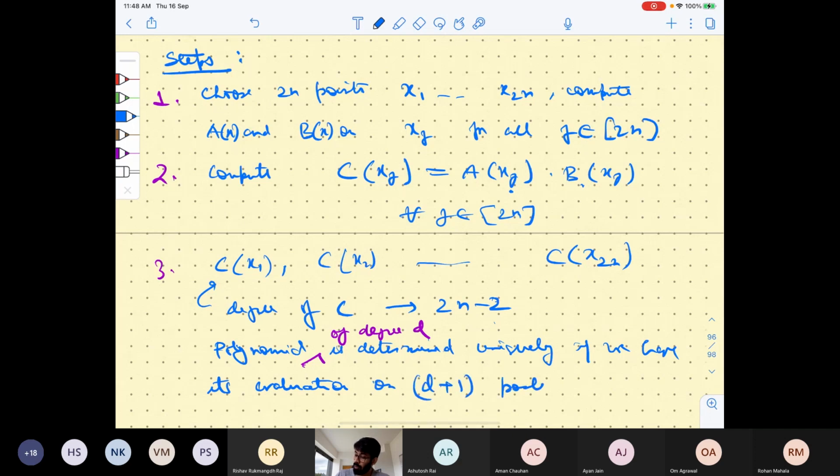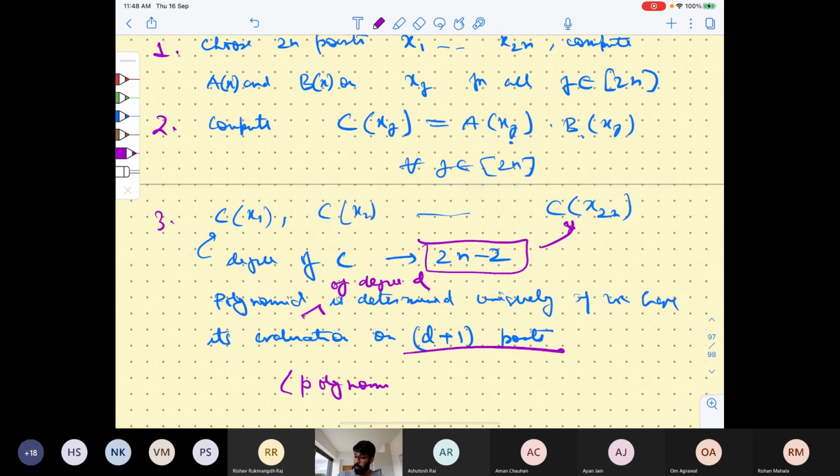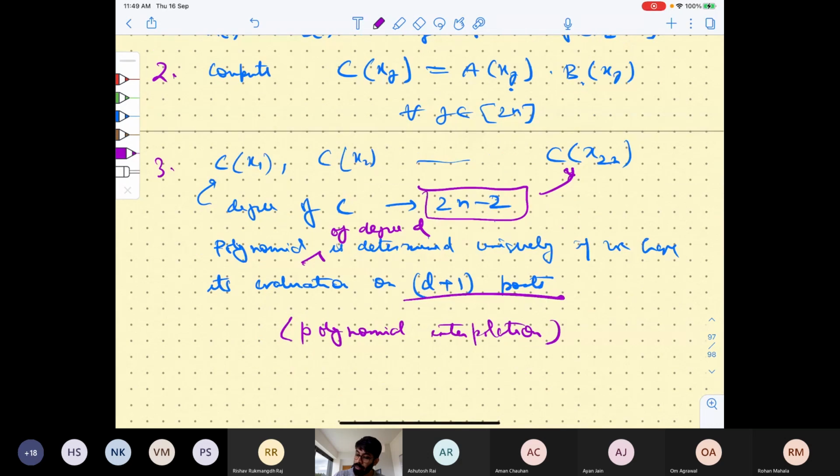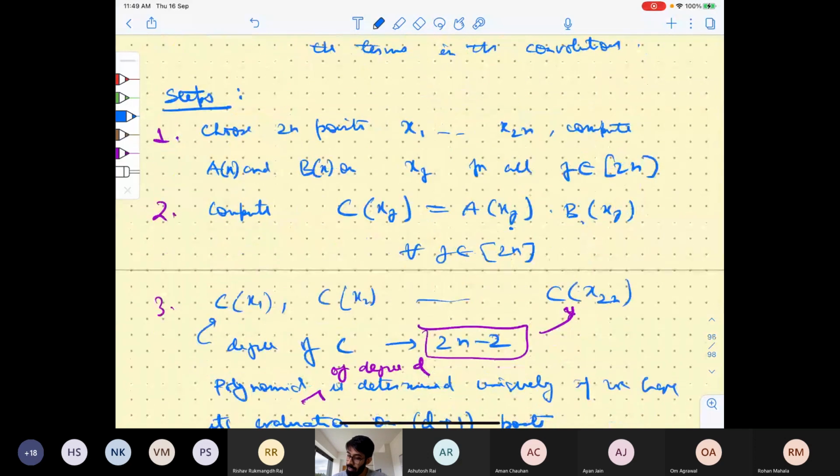This we know, right? So the degree of C is 2n minus 2. We have its value on 2n points. So then we use this thing called polynomial interpolation to get C. So this can be computed. So these are the steps which are going to be needed.